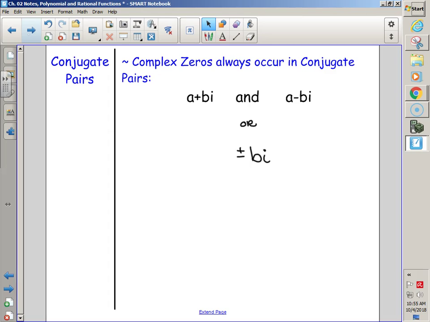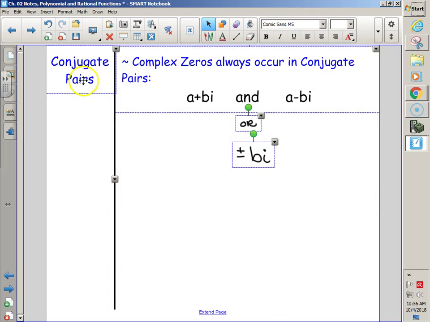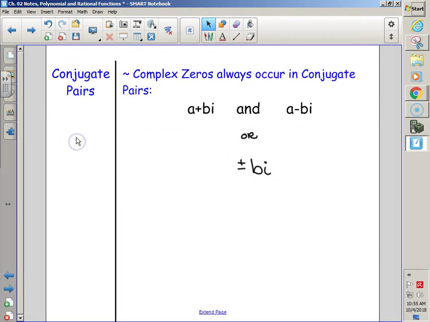And a quick little hint that might be very, very helpful at some points is that complex zeros always have to come in what we call conjugate pairs. They always come in twos. And maybe some of you understand why, maybe some of you don't.